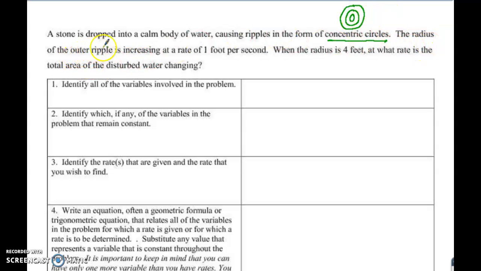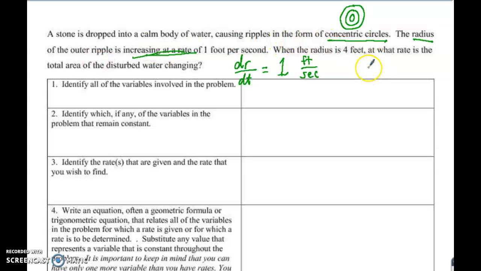And they tell you the radius of the outer, so r, is increasing at a rate. So if you followed the notes from the first video, we're going to use dr/dt, 1 foot per second. And you might want to write those units down so you're not confused at the end what the final answer is. So that is moving continuously.